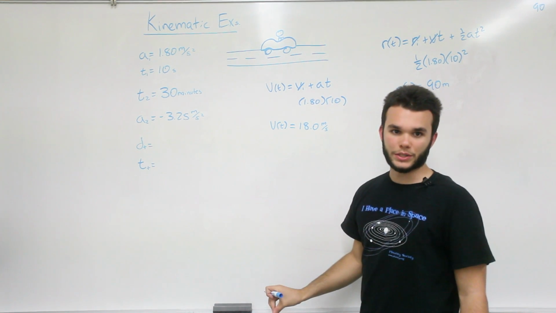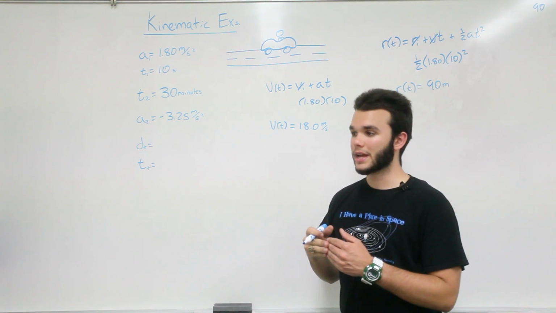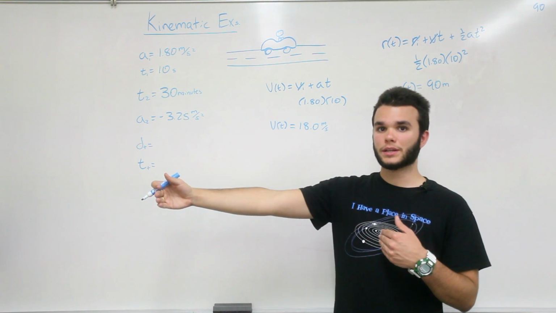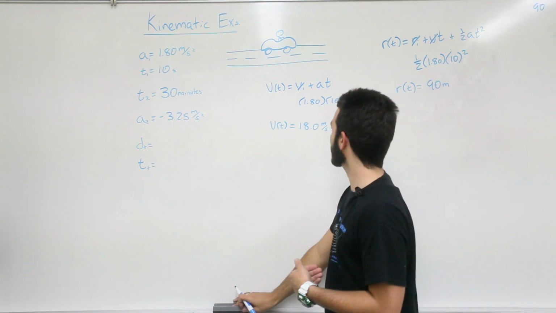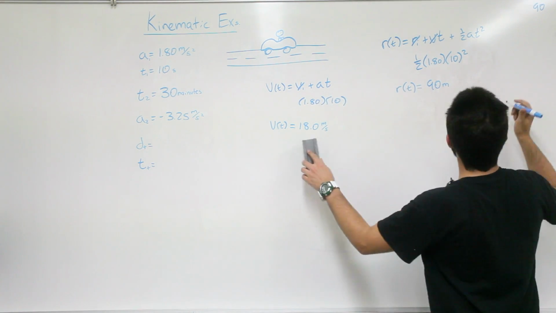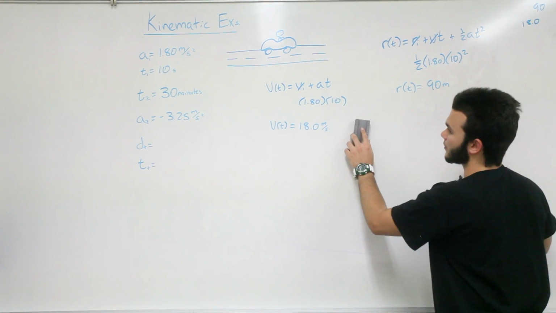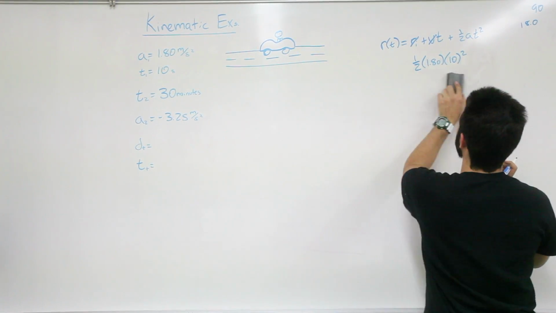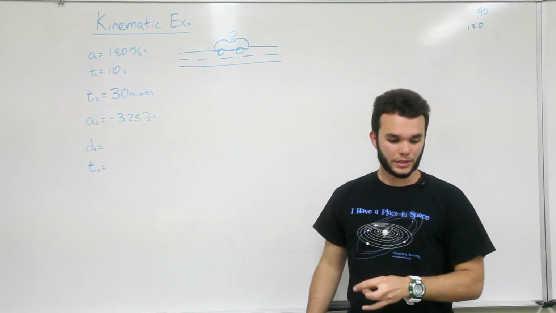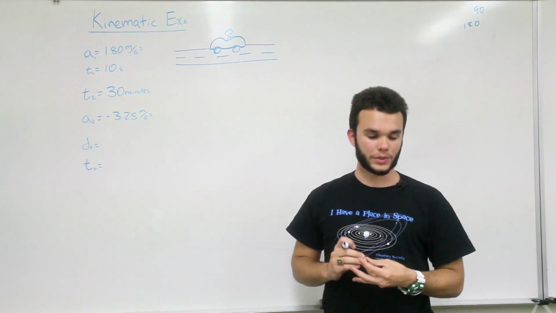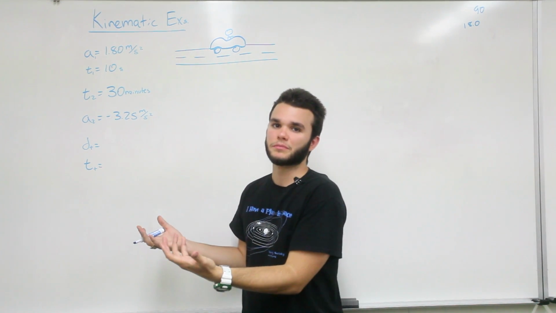Now we're going to find the distance covered during those 30 minutes, including the 90 meters that we just traveled. This is the velocity, so we're going to put 18.0 here, just to remind us. For this we're going to use the second equation, because there is no acceleration in those 30 minutes.